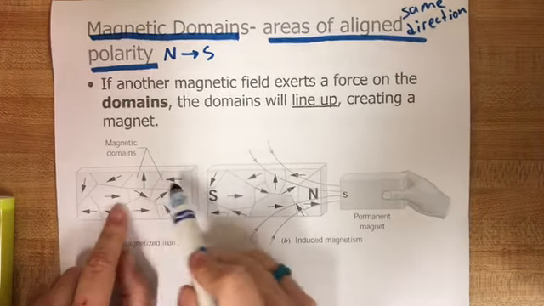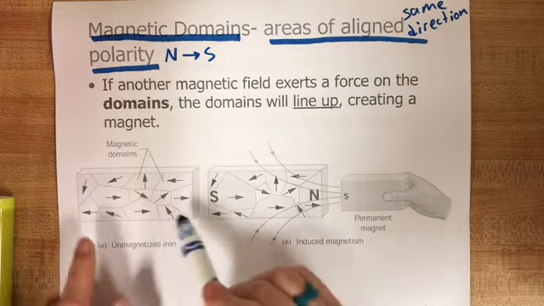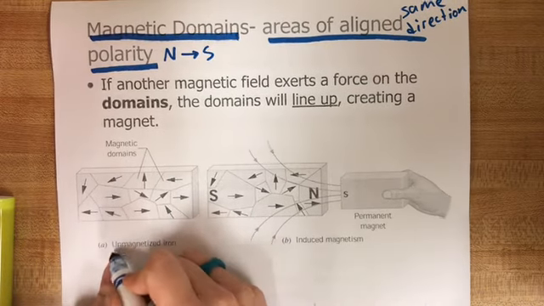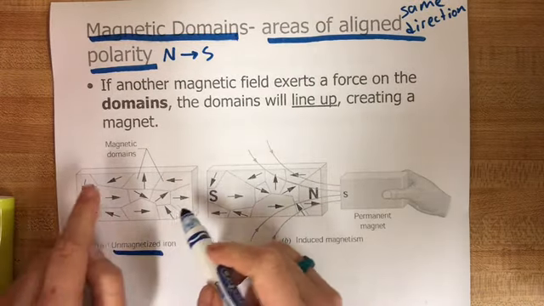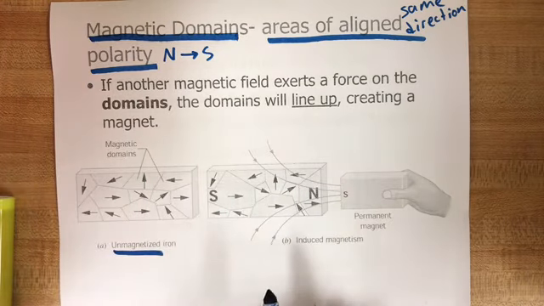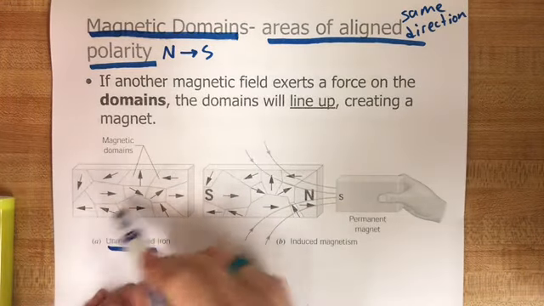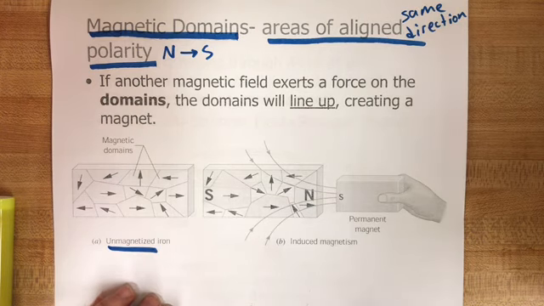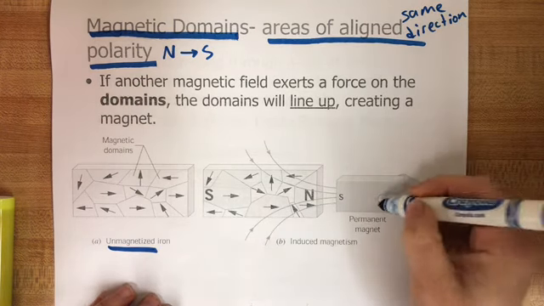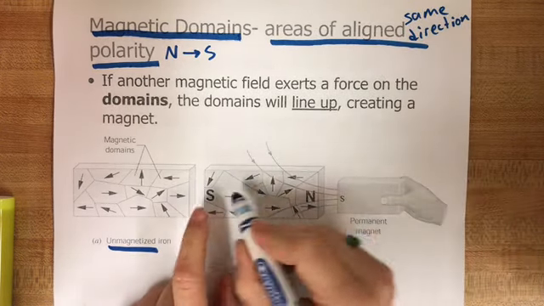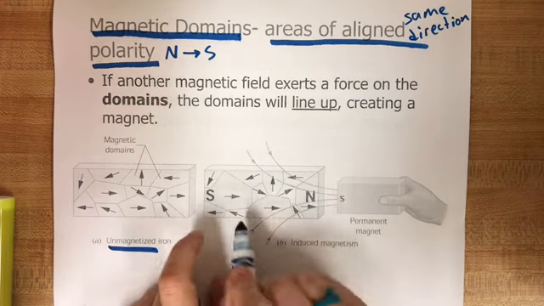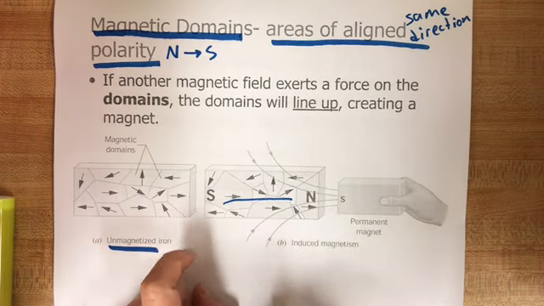So right now you see this one here, all the arrows are pointing in random different directions. This is unmagnetized because they're in so many different directions. The only way you can get this object to be magnetic is to take a permanent magnet and line all those individual domains up so they're all pointing in that same direction.